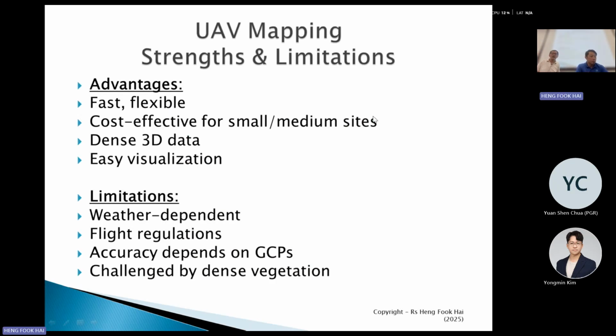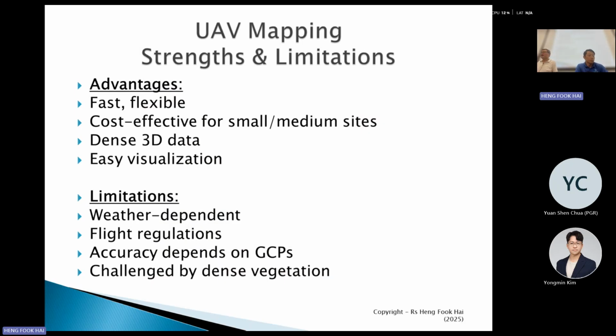So the advantage of using UAV is that it's fast, flexible, the cost is a bit lesser, and of course you still have that dense 3D data, and since it's image, it's easily visualized. But the disadvantage is it's weather dependent.